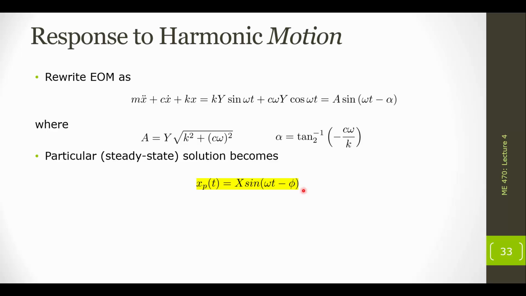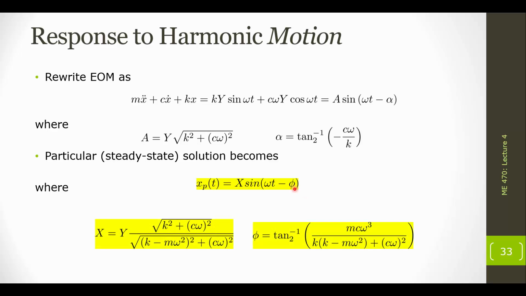It's just that calculating that amplitude and phase is a little bit different when we have a prescribed motion or a prescribed displacement. So with these formulas, we're able to calculate the output amplitude X and the output phase phi. And then we can construct what the steady state solution looks like for a prescribed motion.